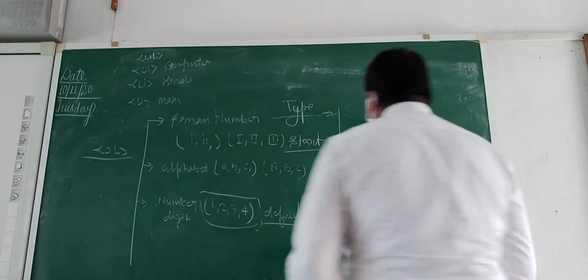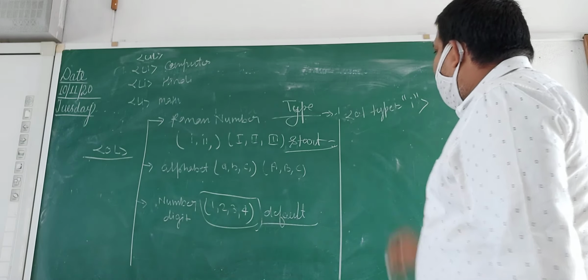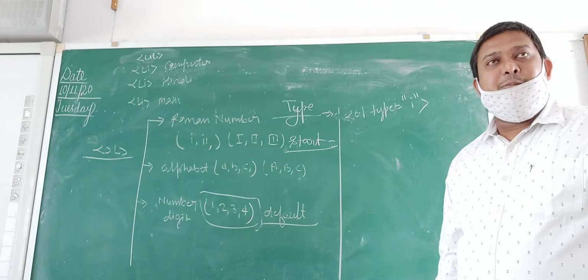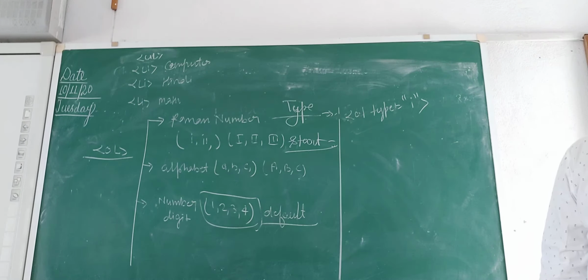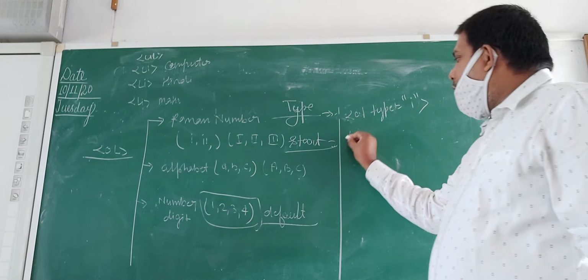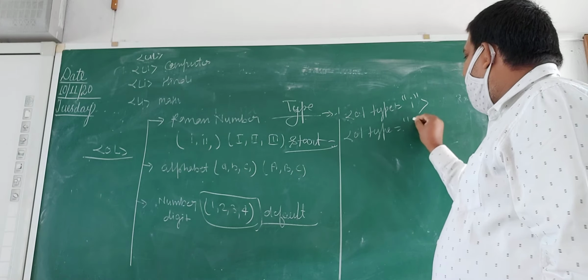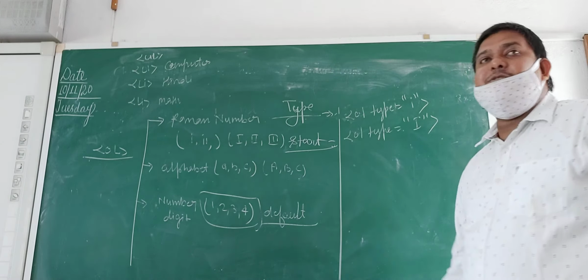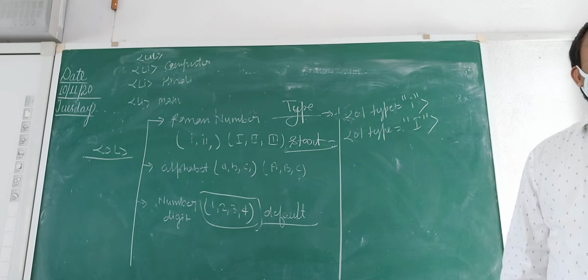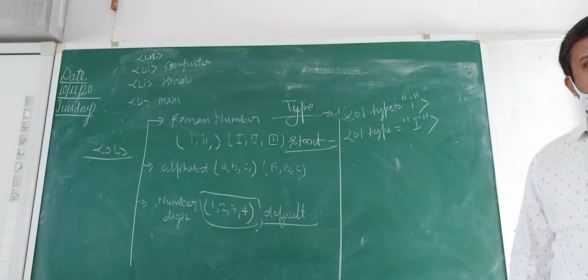If we write OL type is equal to small i, that means all the list will be displayed in the form of small Roman numbers. Clear? If we write OL type is equal to capital I, the list will be displayed using capital Roman numbers.